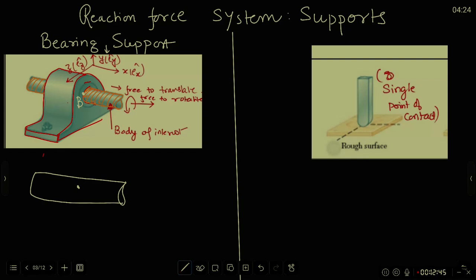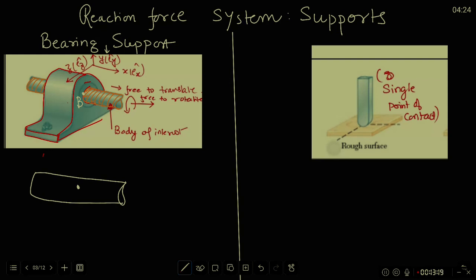Now before I can judge what all should I draw, we should know what all the support can offer. It is given that the support does not interfere with the free translation of the rod in the x direction. It means there cannot be any Fx component.